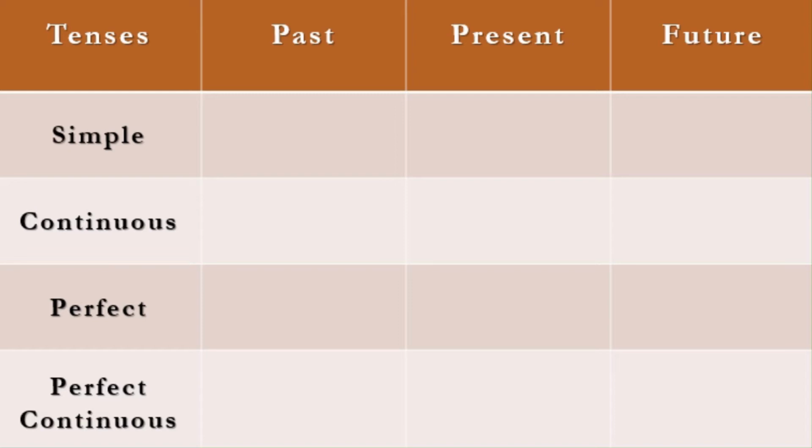Now just have a look at this table and let me give you a summary of what this table is all about. If you are new and haven't made this table, it's a very good way of revising all the 12 tenses, the 12 sentence structures.